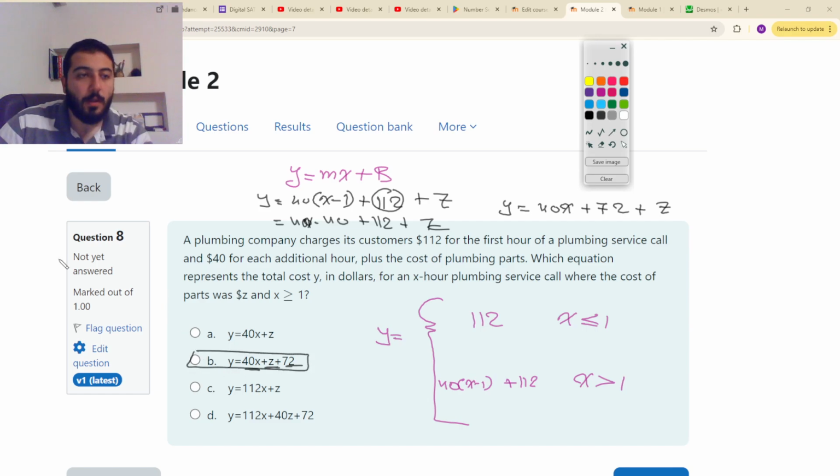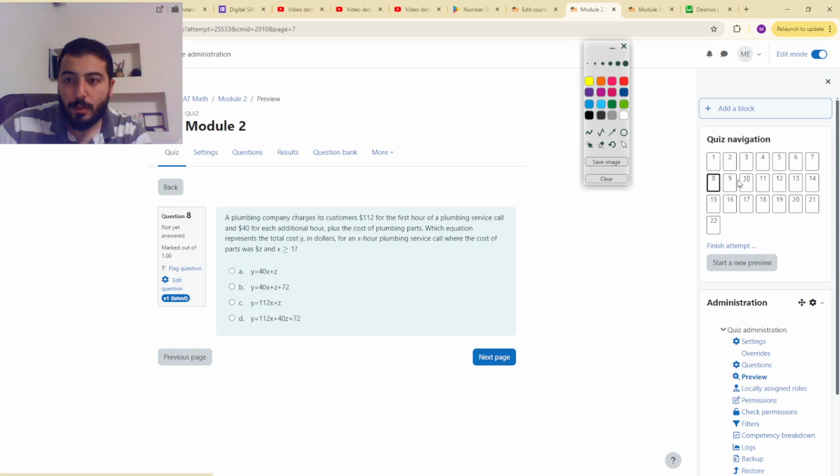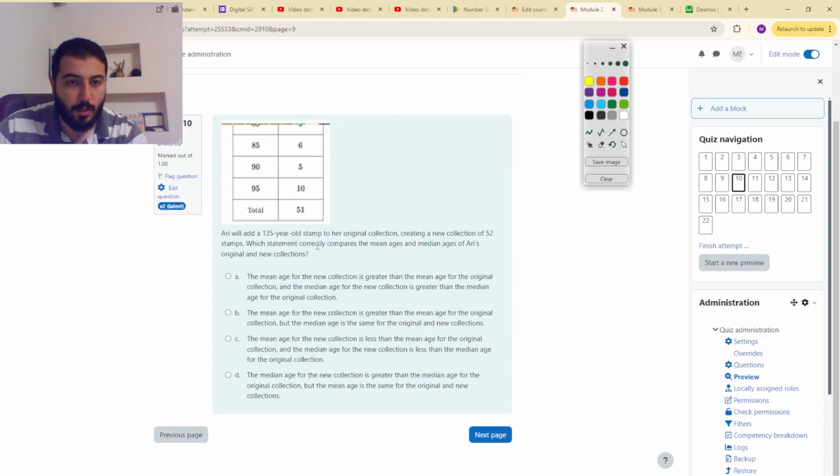This is from linear equations, also a piecewise equation. If you understand, press 1. We already did question 9, so let's jump to question 10.